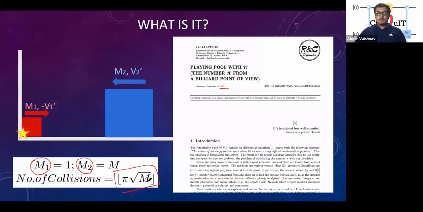It's actually m2 by m1, but because we have taken m1 as 1, that goes away, and we finally get pi times the square root of m as the expression for the number of collisions.